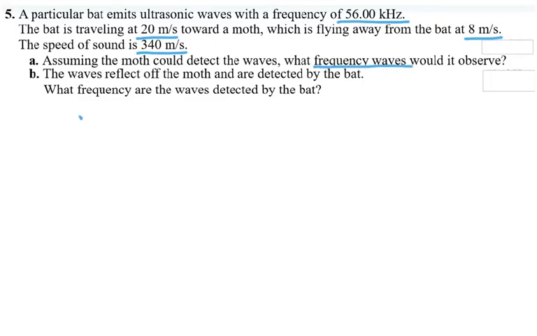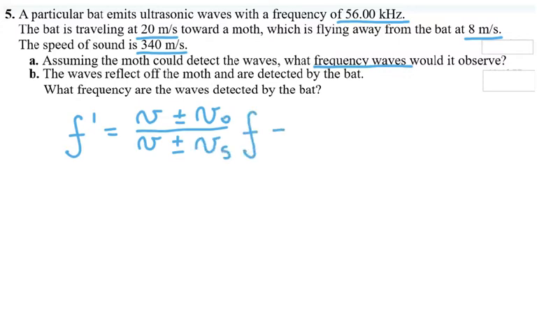So I'm gonna say the new frequency is equal to the speed of sound in the medium plus or minus the velocity of the observer and the velocity of the source. And then I take the initial frequency. The speed of sound in the air, they said 340. So I know this goes 340, and here I have 340.